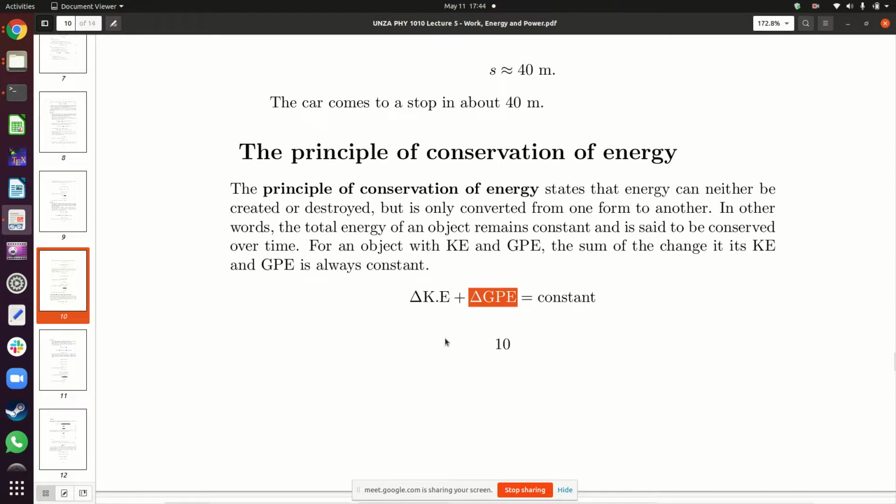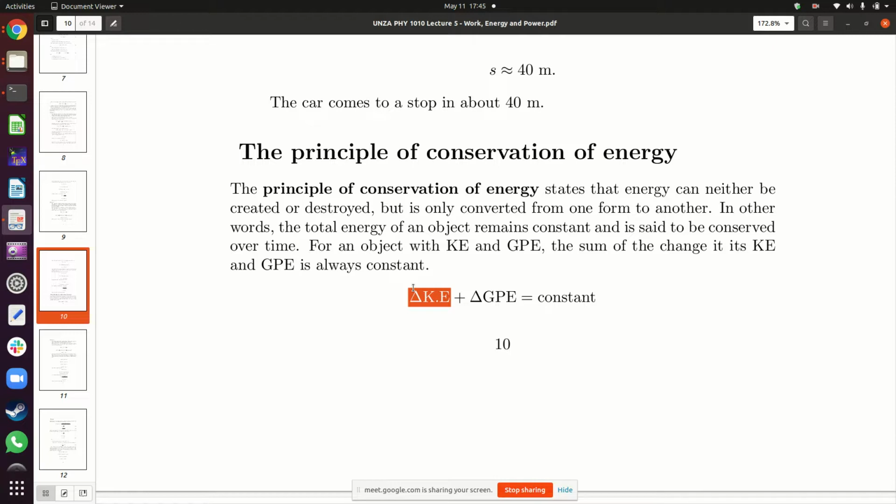So if the object is losing kinetic energy because it's sliding on a flat surface and it comes to a stop, and this particular object is not gaining height or losing height, meaning that the change in gravitational potential energy is zero, where does the kinetic energy go?